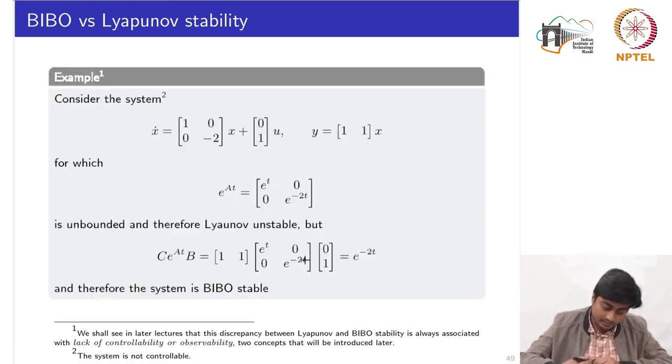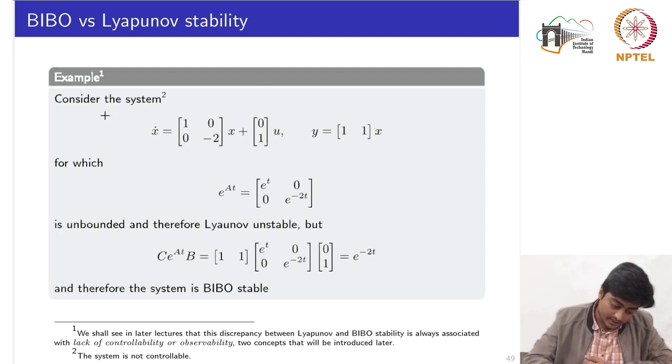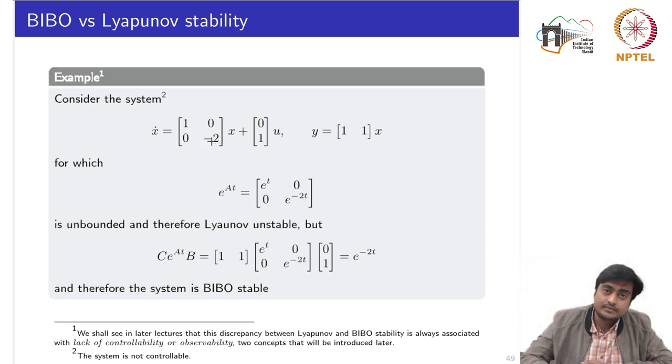Let's consider one example to illustrate this situation. Say for example, we have this system given by these A, B, C, D matrices, where the A matrix is 1 0 0 minus 2, the B vector is 0 1, and C is 1 1. So basically it is a single input single output system of second order.